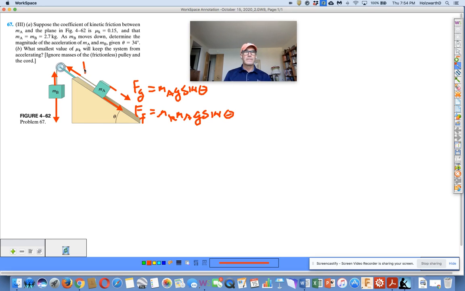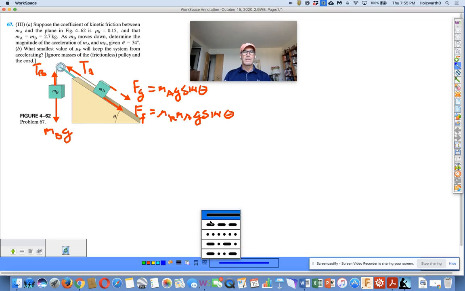And then we have the tension up, which is T sub A, and then up to the right, and up to the left. Then we have the tension on B, and then we have the vector that represents the weight of B, so m sub B g. Okay, I'm going to switch color here to blue, and we're going to add up all the forces along the line of action, set it equal to the mass of the system times the acceleration of the system.